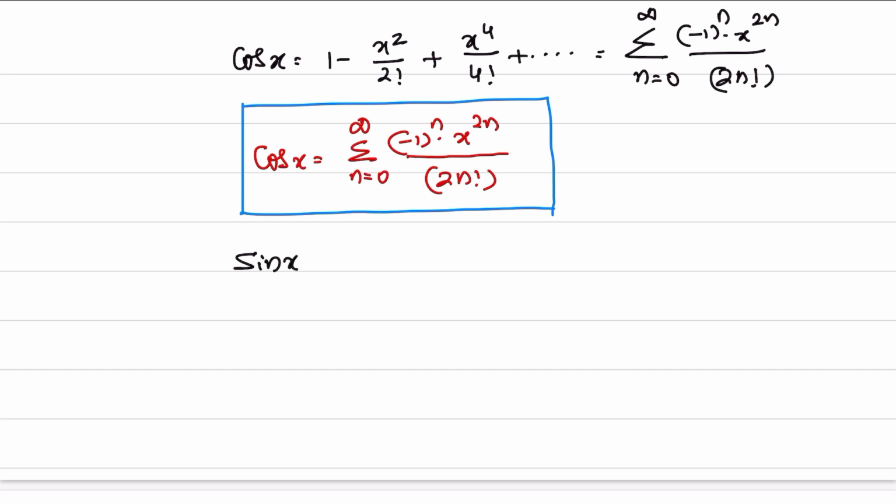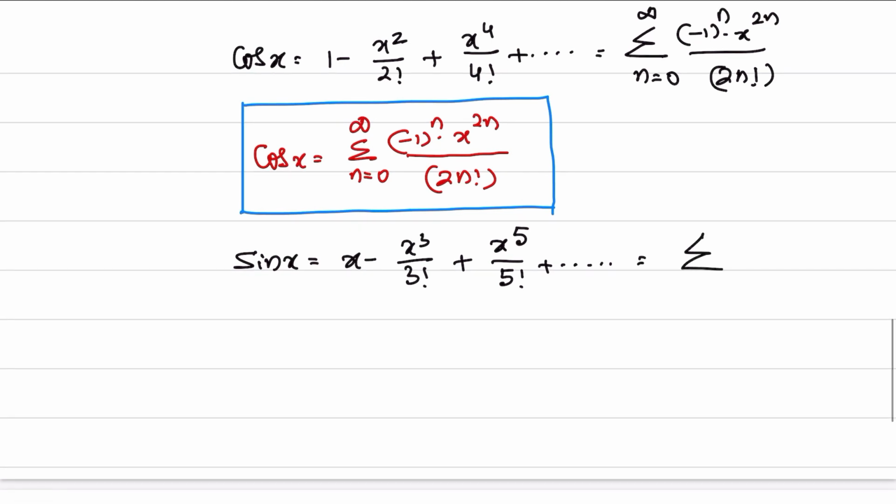Sin x is equal to x minus x cube by factorial 3 plus x to the power of 5 by factorial 5 plus so on. Can we write this in a summation form? Sigma, let us have sigma correctly.